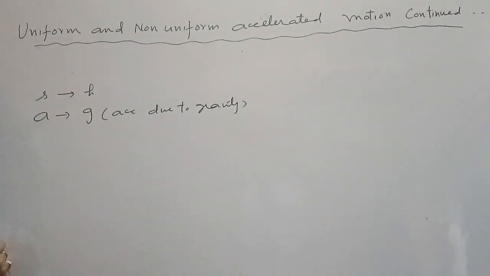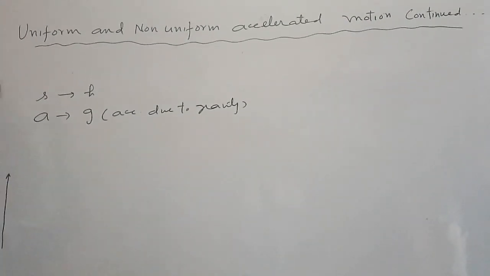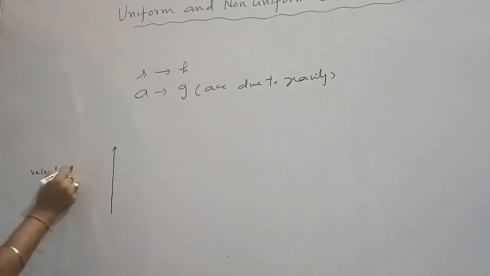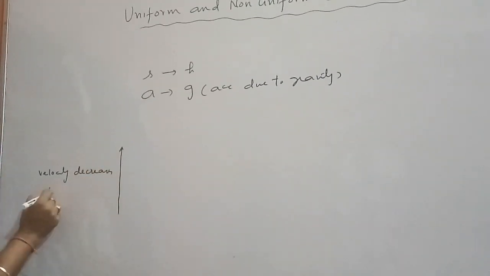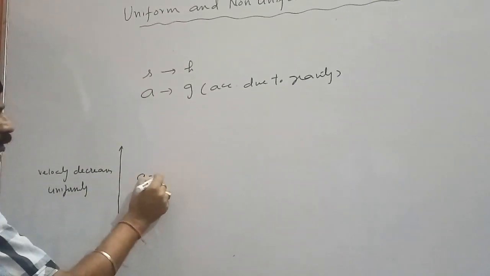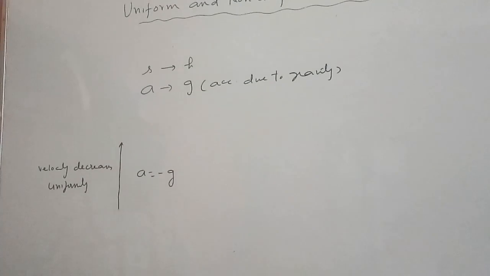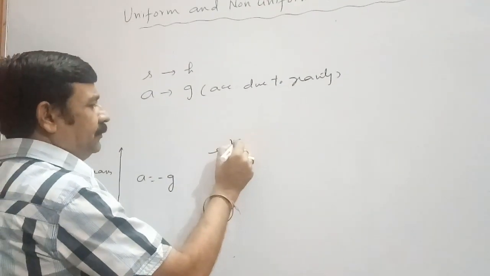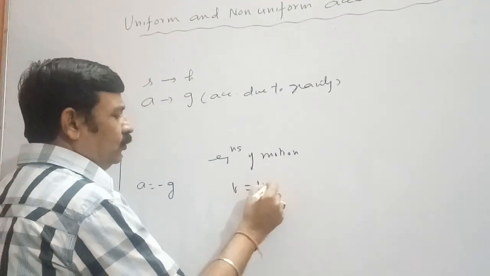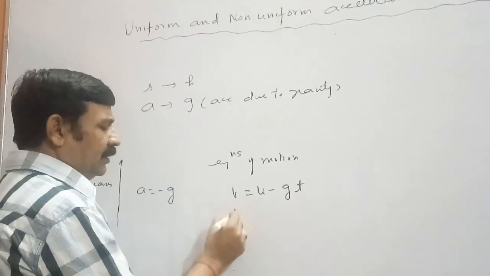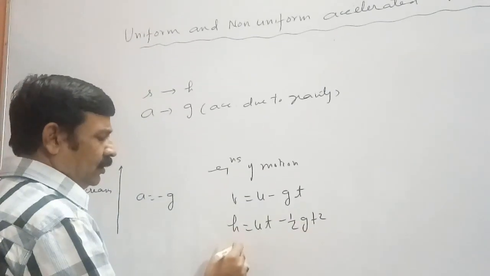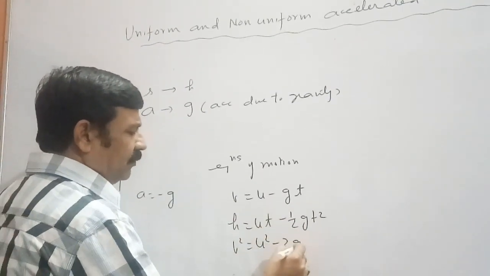When the body is thrown vertically upward from the ground, velocity decreases uniformly, so A will be equal to minus G. So the equations of motion will be V is equal to U minus GT, H is equal to UT minus half GT square, and V square is equal to U square minus 2GH.